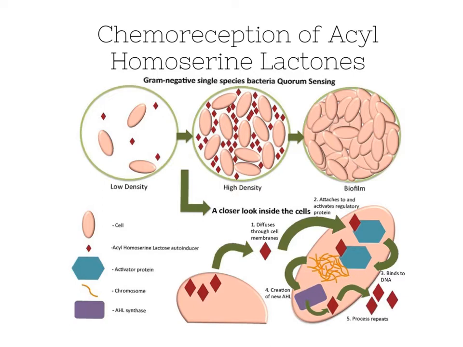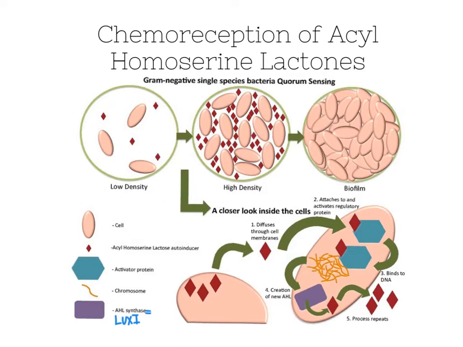So looking at this diagram, as we evaluate what's going on in the cell, in the previous video, we referred to the acyl homoserine lactone synthase as our LuxI. That was the enzyme that catalyzes the formation of the acyl homoserine lactone from S-adenosylmethionine and the thioester that is tethered to the acyl carrier protein.